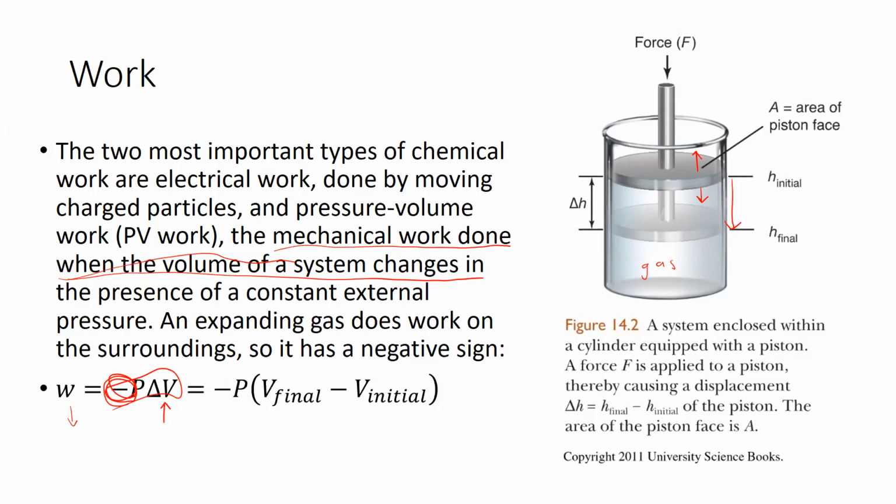So the work associated with the surroundings goes up as the volume of the system goes up. Whenever we look at a change in something, like change in volume, it's just the final volume minus the initial volume.